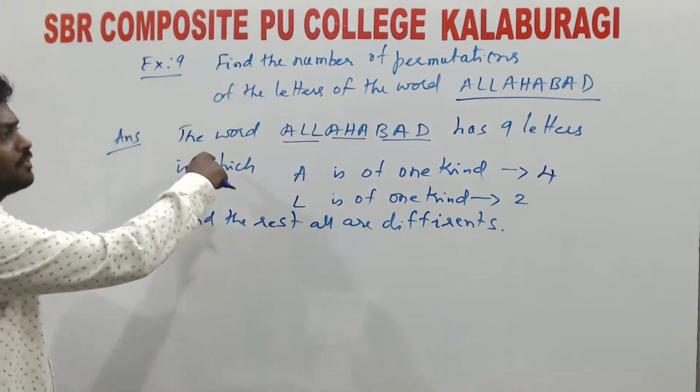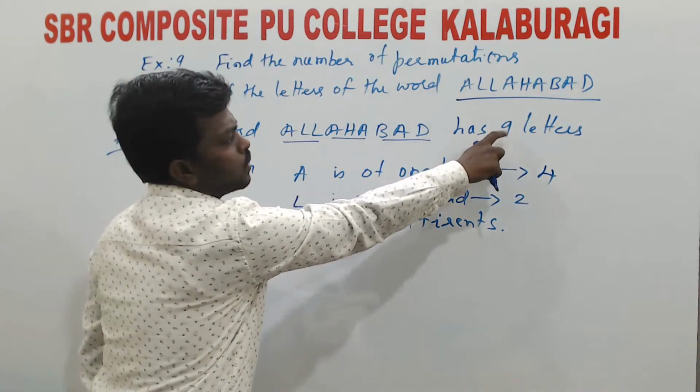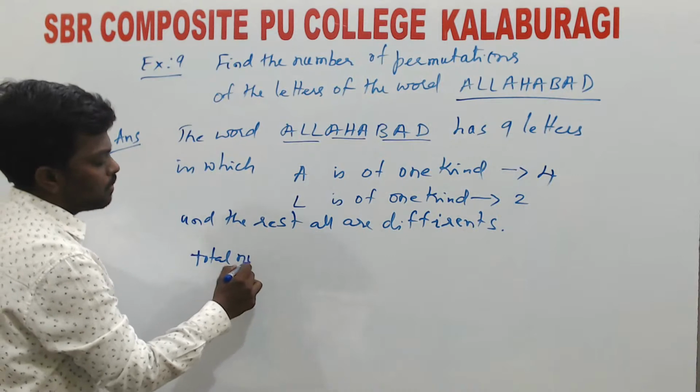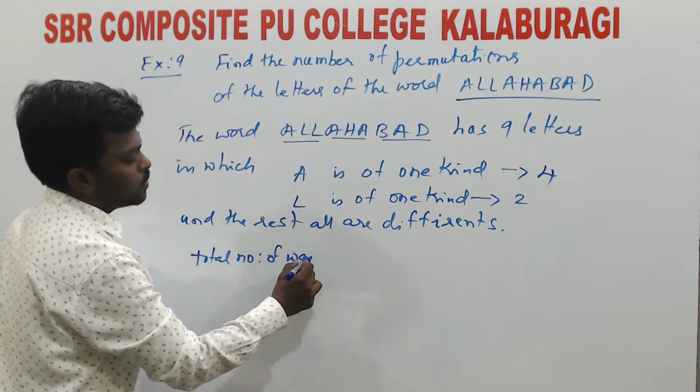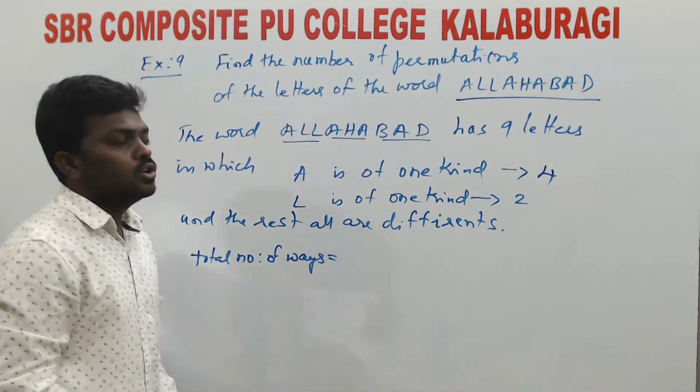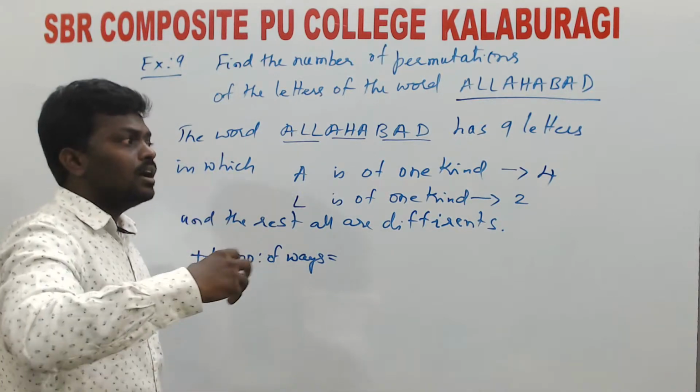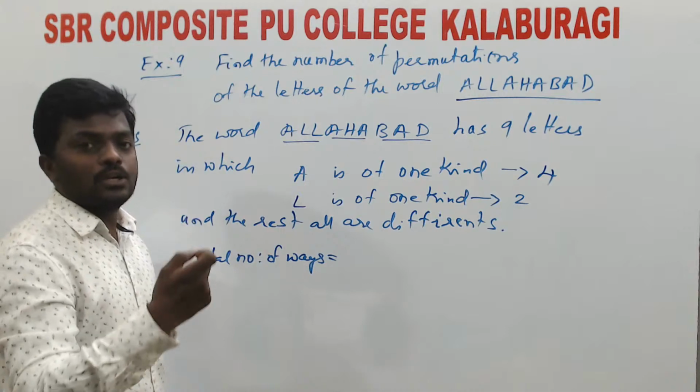Right. So how many letters are there? Total letters are 9. So hence the total number of ways is equal to, so what's the formula? N factorial divided by the similar kind factorial notations.